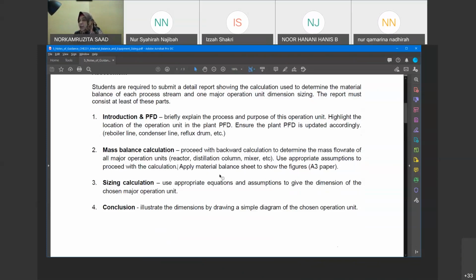By having that, you can simplify the information or the calculation. Whatever it is, you have to begin from your column and go backward one by one until you get your raw materials fed into the process. Any questions?